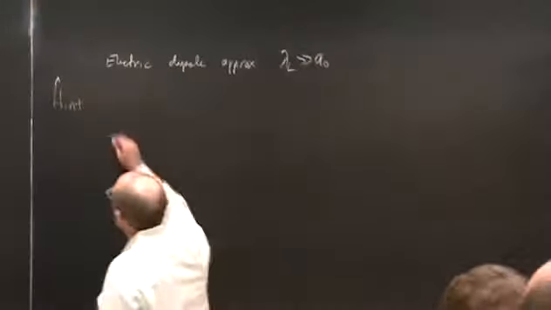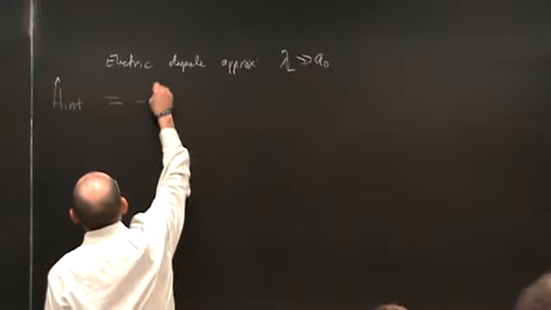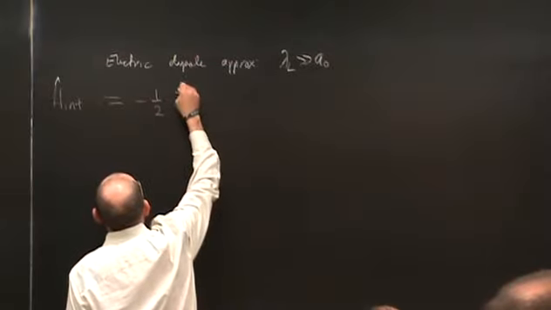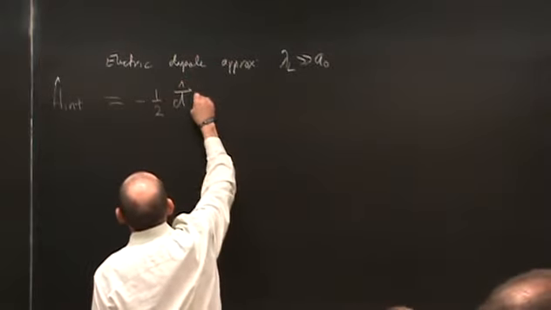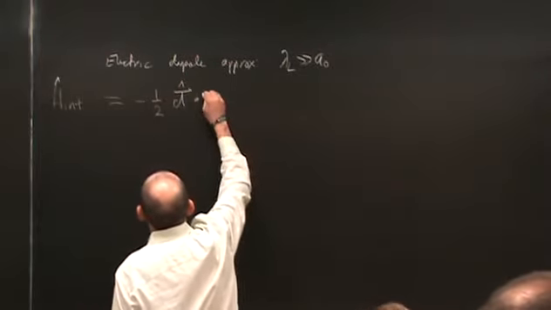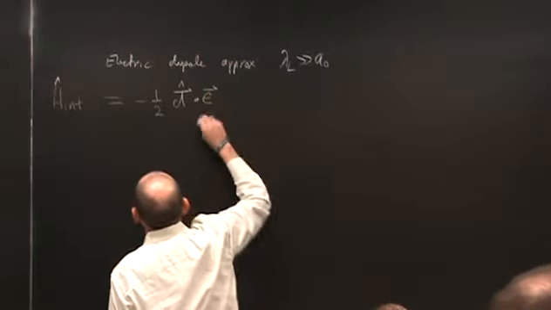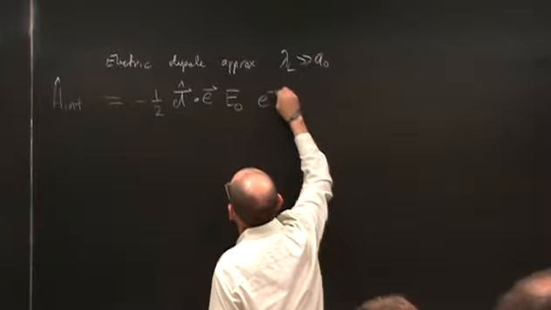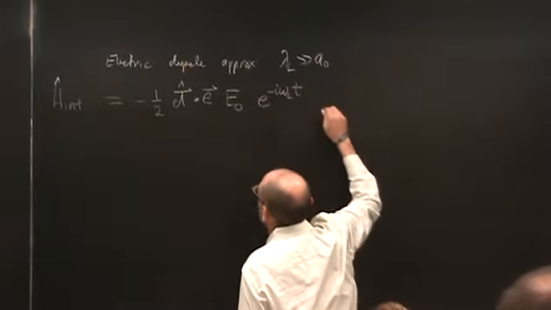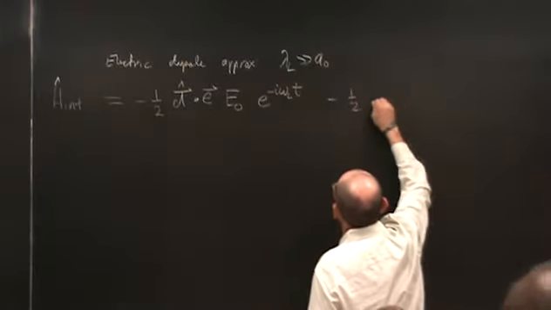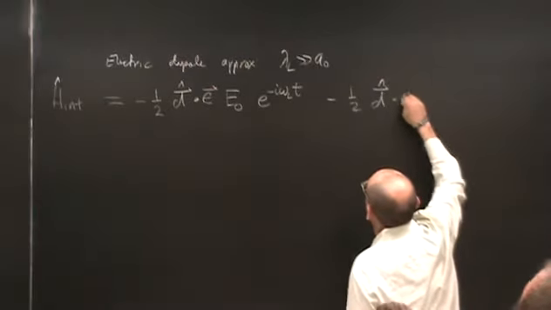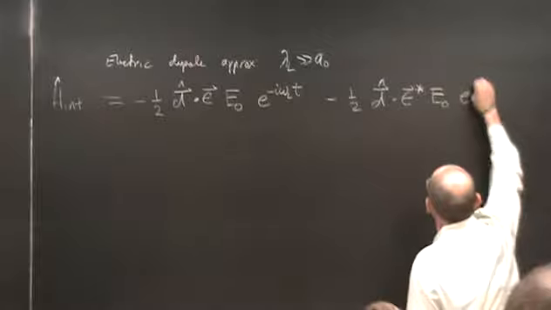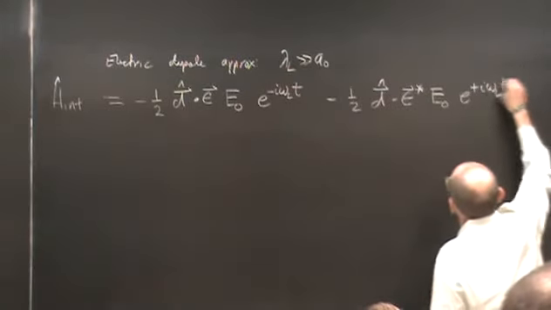All right, so my interaction Hamiltonian then is minus d, minus a half the dipole operator dotted into epsilon, the polarization, E0, e to the minus i omega t, minus a half d dot epsilon star, E0, e to the plus i omega t.